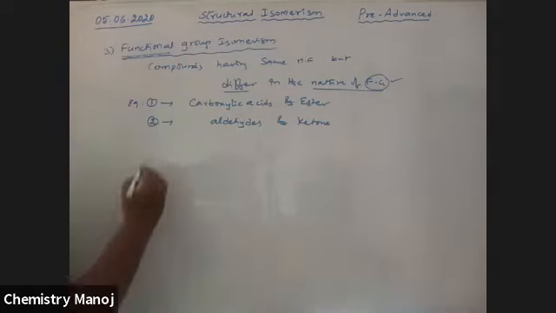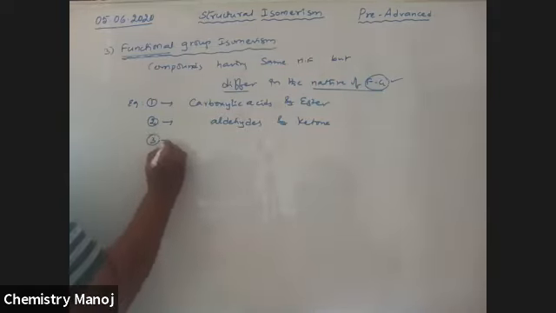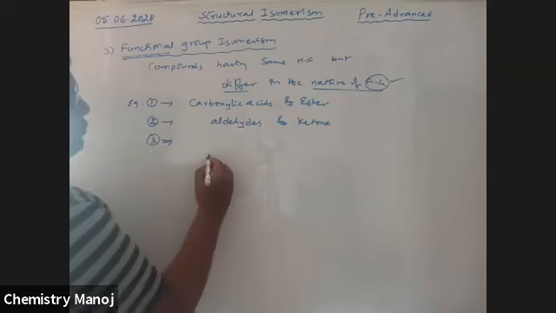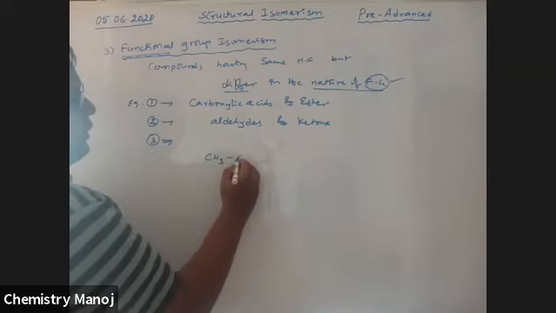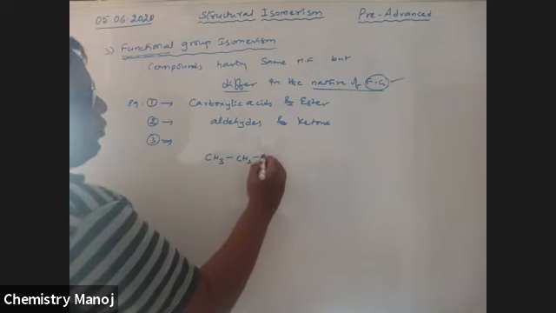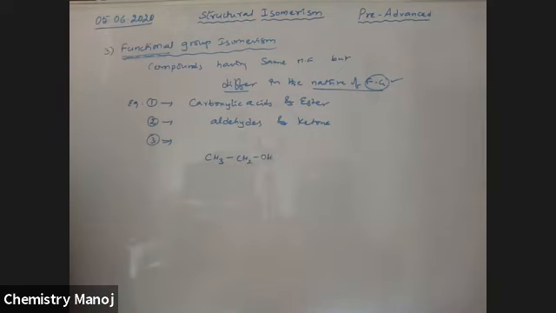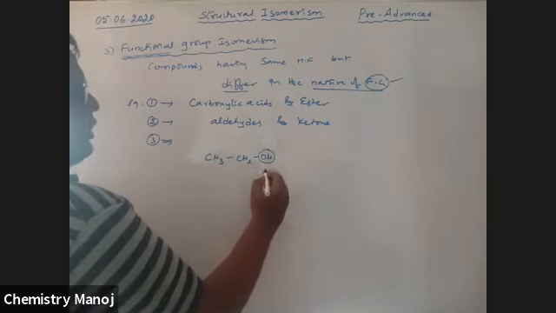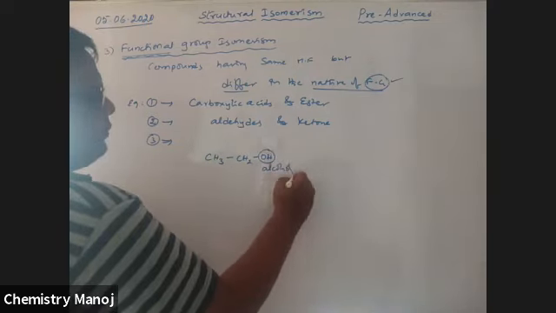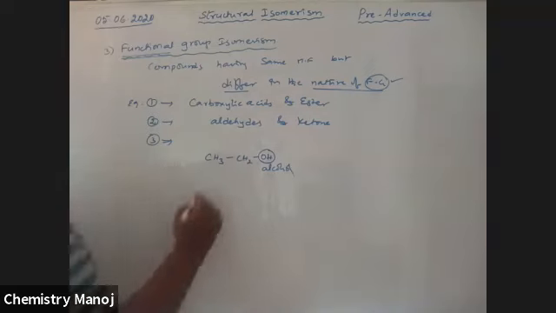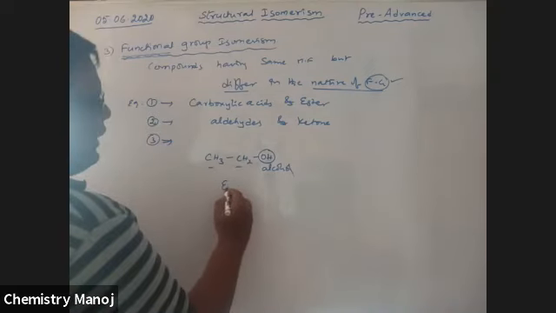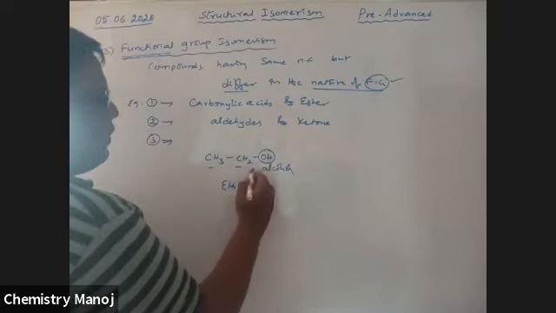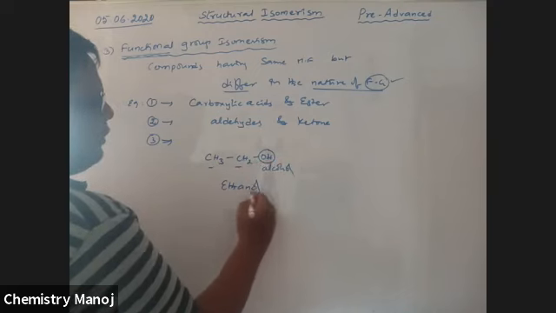Now in example 3, I am writing here CH3CH2OH. It is OH, nothing but alcohol. So 2 carbons, eth, ane, functional group ol, ethanol.